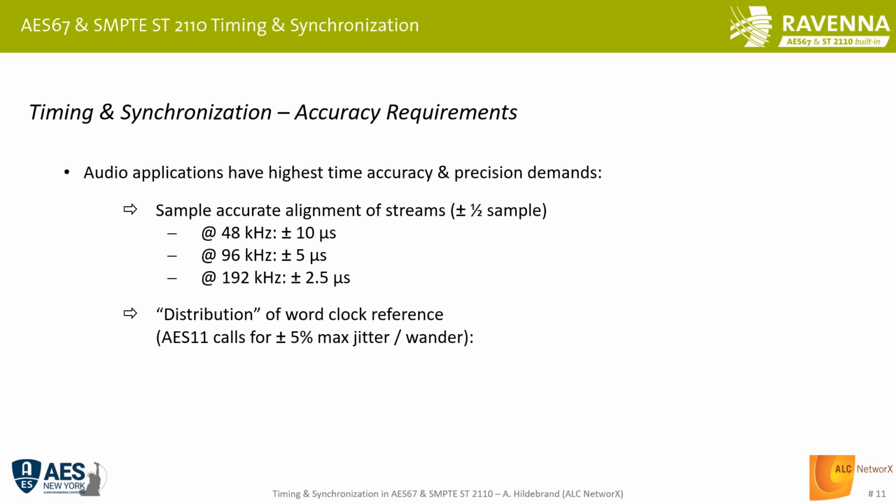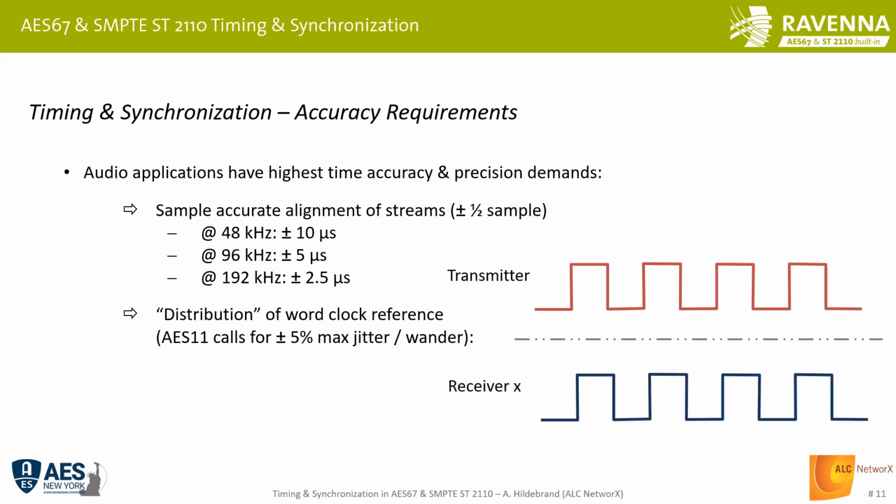Now we have a second requirement, and that is if we want to distribute a word clock reference throughout the system. We have another standard for that, AES11, and that calls for a maximum of ±5% jitter or wander with respect to the master clock, or to the clock within itself, actually. So if we look at that one, we have a transmitter and a receiver, and we want to rebuild the master clock, the media clock of the transmitter, with the same clock at the receiver side.